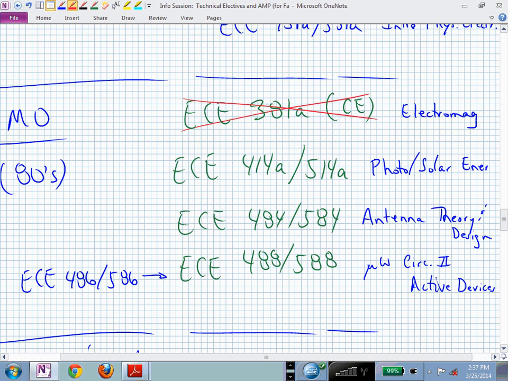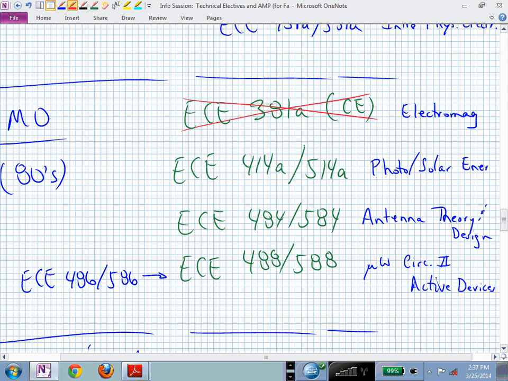I'm not sure if that's at the undergraduate or graduate level. You can take two classes outside of ECE as technical electives, but you need to work with Marissa and make sure those are okay. But typically, any engineering class at the 300 or 400 level, math class, physics class, science class, chemistry class is fine.